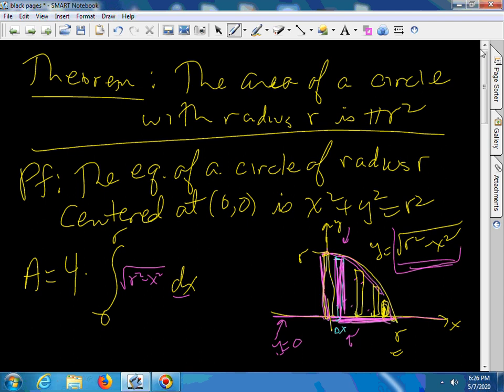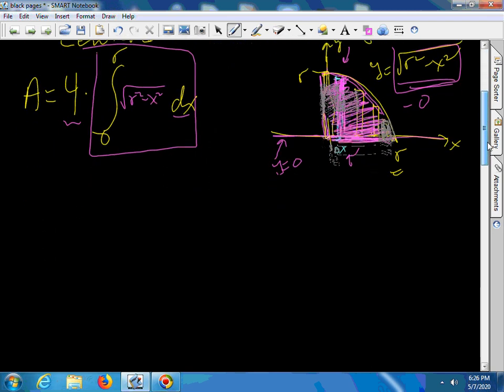So we get the top minus the 0, which is just the top. So this is the integral we're going to calculate for the top right corner, this corner of the circle, or that quarter of the circle. And we're going to multiply it by 4.